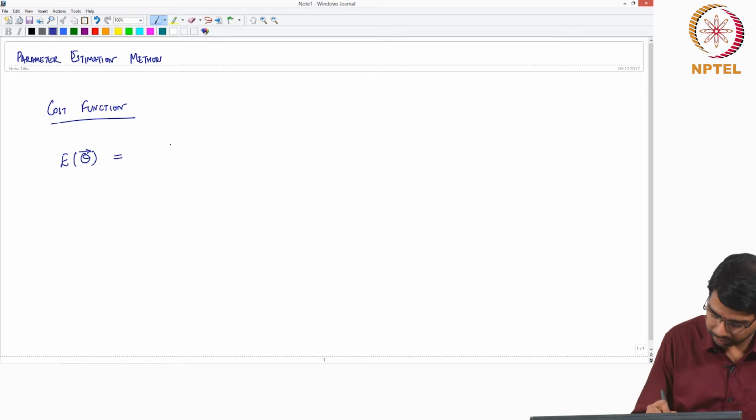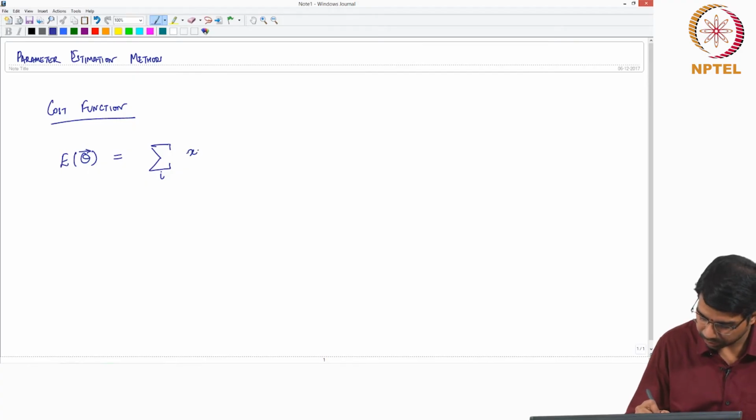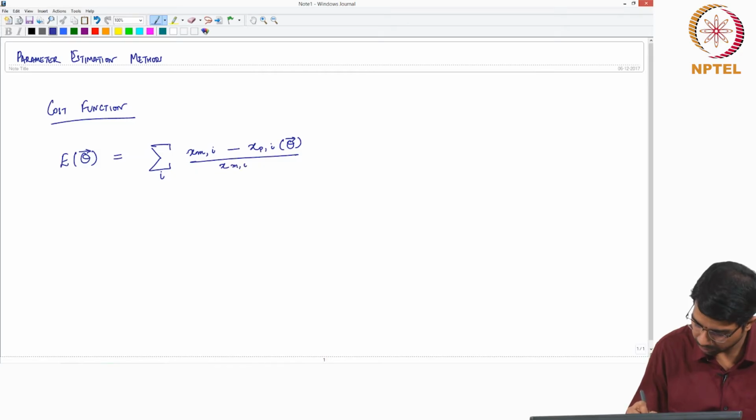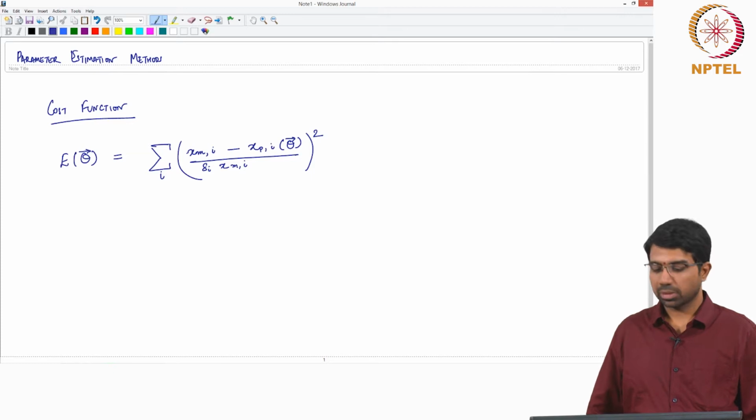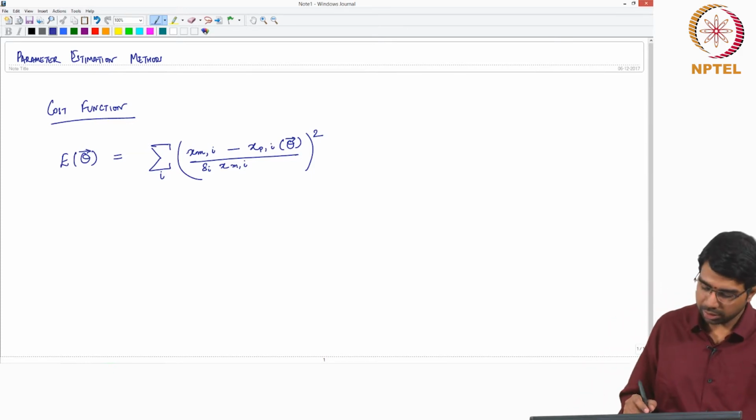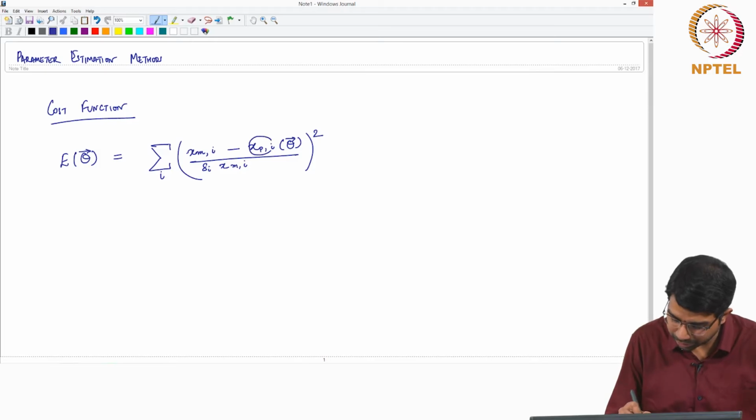This is basically the sum of something like x measured, i, minus x predicted, i, of theta. So, how do you compute this prediction?